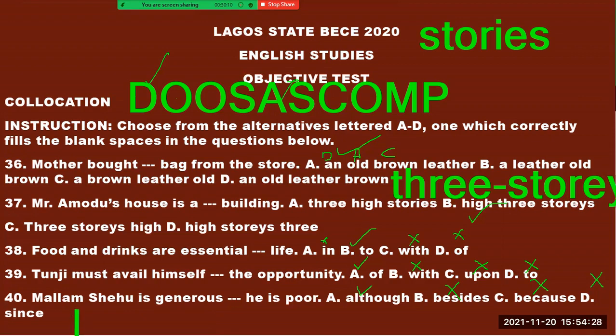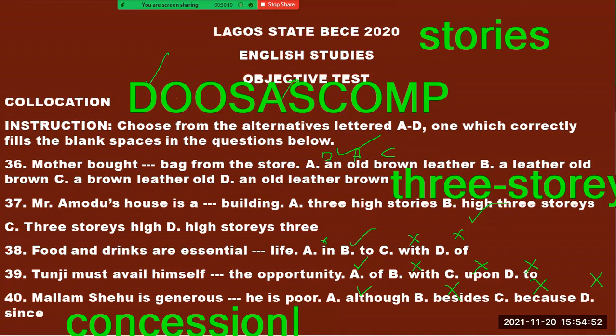Now let me give you the meaning of concession. Concession means there are two ideas that are opposite, but somehow they can relate. All right, so that is what an adverbial of concession does.